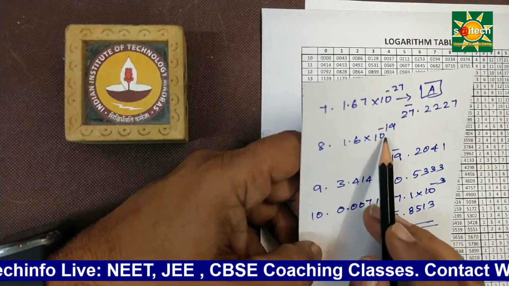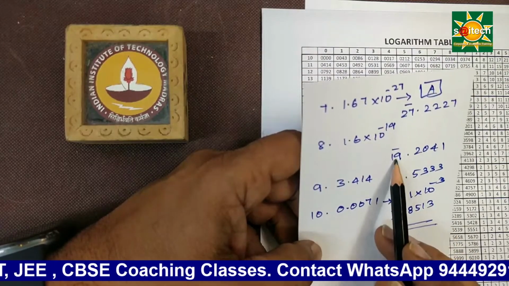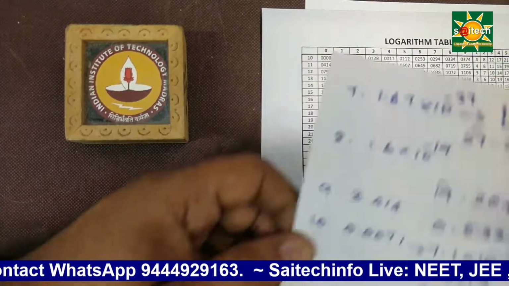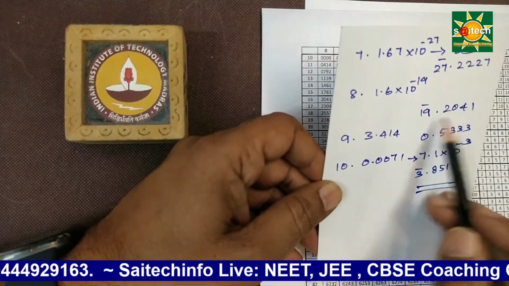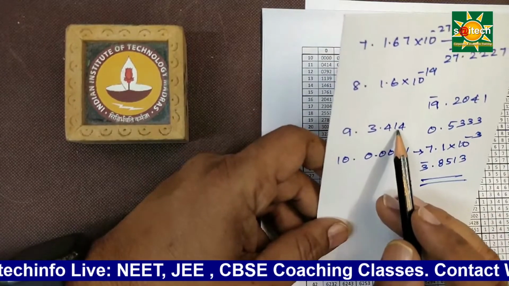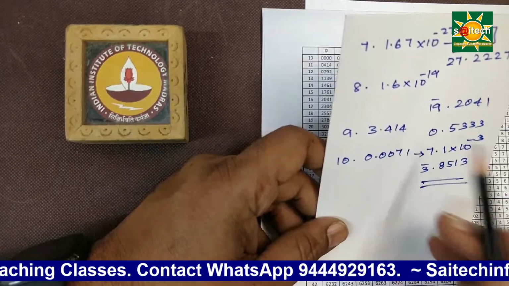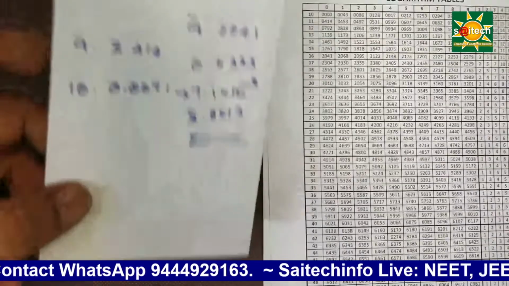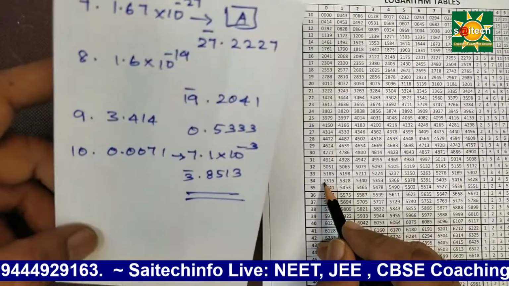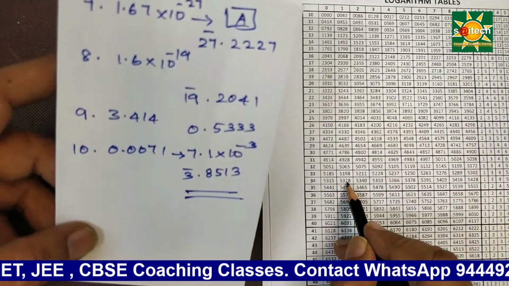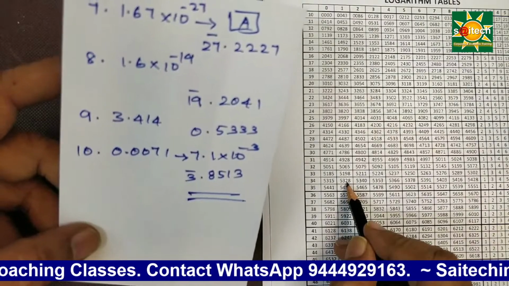Similarly, 1.6 into 10 power minus 19 means 19 bar, and check for 1.6, that is 16. 2041. So 2041. Okay. And for 3.414, 0.34 you have to check in 1 and 4 mean difference. So 34 is here. 34 in 1 means 5328.